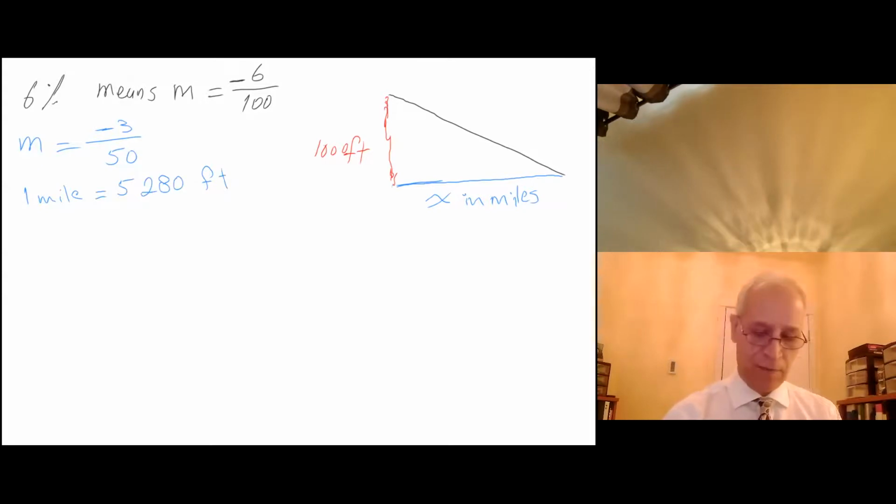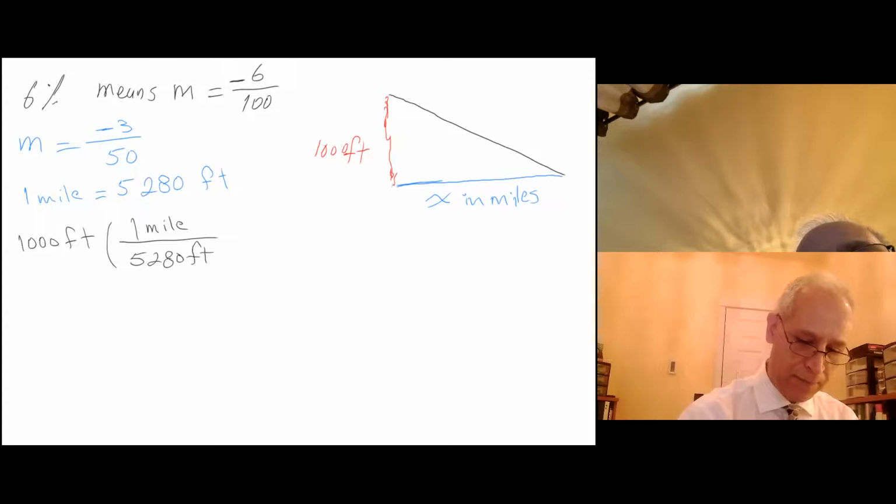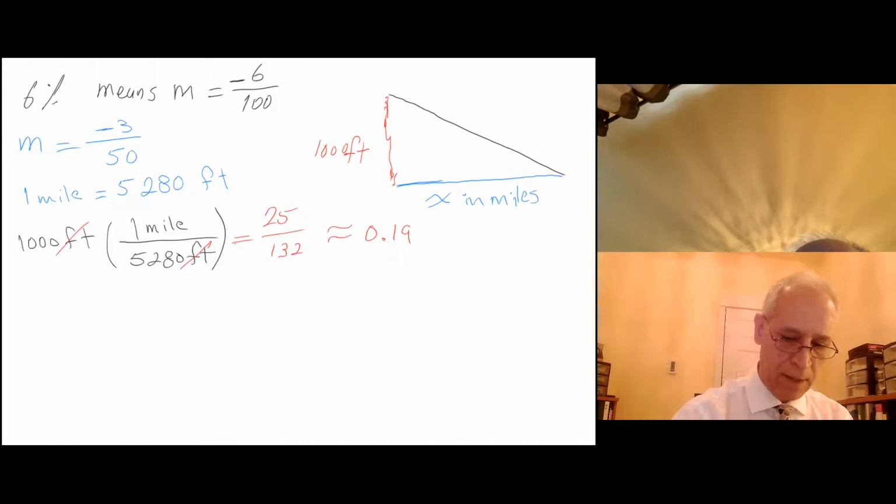So now I can convert and say that if I have 1,000 feet, and I multiply that by 1 mile per 5,280 feet, now I can cancel the feet, and that equals 25 over 132, or you could also say it's approximately 0.19 miles.